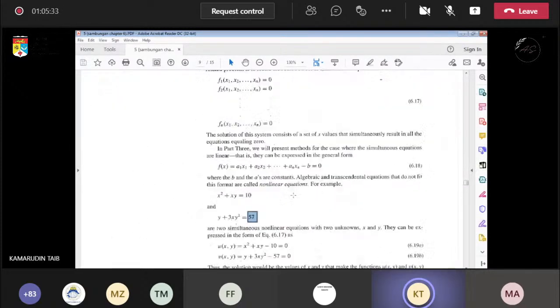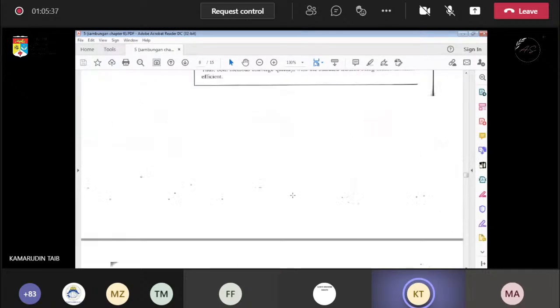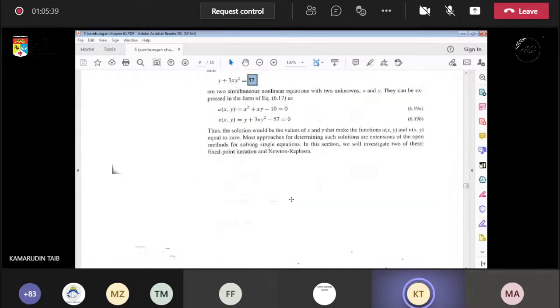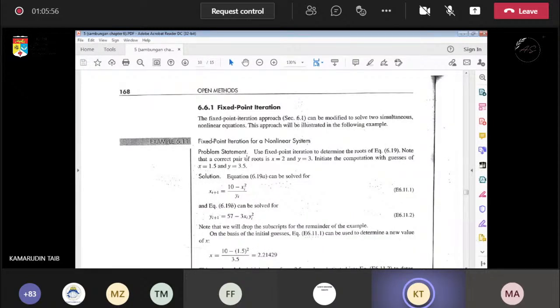So that is u and v. The first method that we are going to use is called fixed point iteration. The fixed point iteration approach can be modified to solve two simultaneous nonlinear equations. This approach is illustrated in the following example.